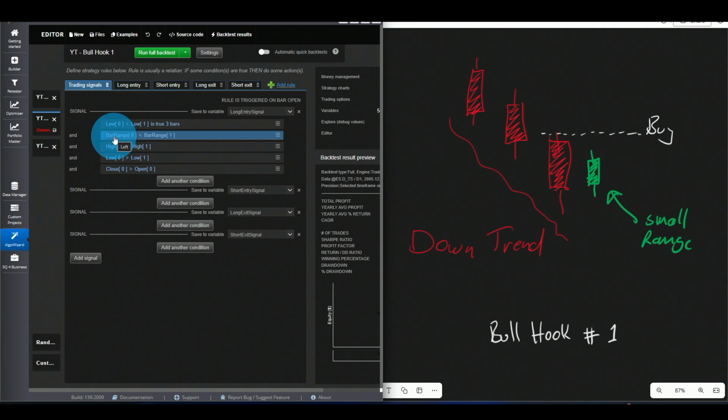So this is the bar range lower than the bar range 1 bar ago. And then an inside day, meaning the high lower than the previous high and the low higher than the previous low. Again, here we look, the low is higher than the previous low, the high is lower than the previous high. And finally, this is an up day. So the close is higher than the open.